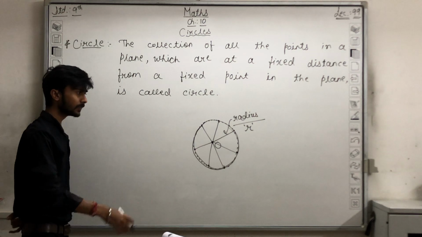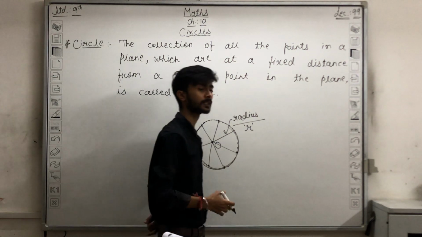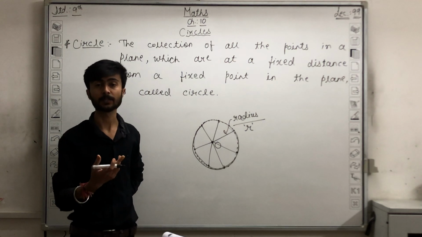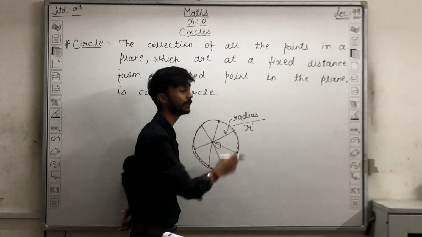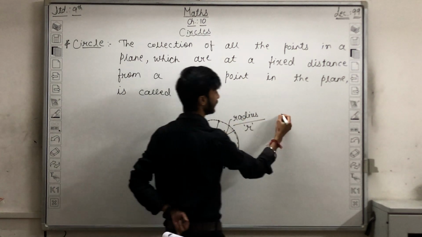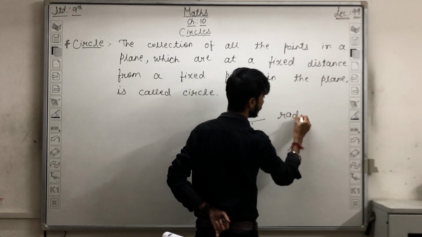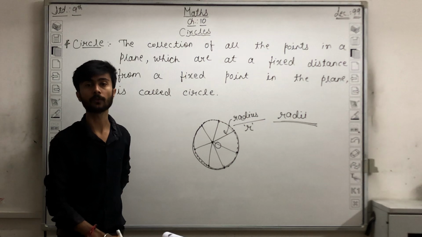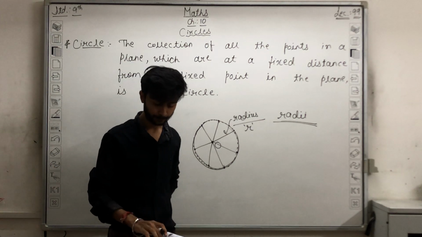Suppose there are two or more circles, then the plural of radius is written as radii. That means radii is the plural form of radius.